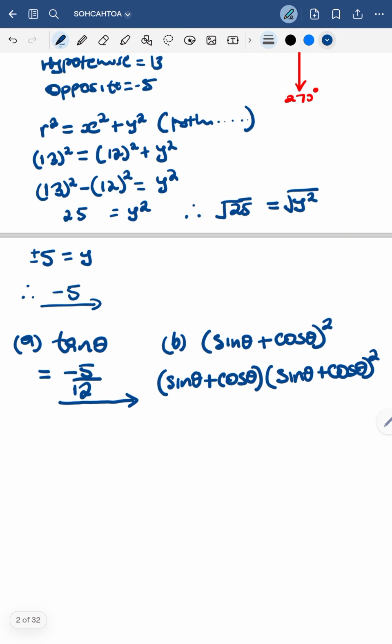Oh, I wrote something wrong here. It means that you must expand so that it can be like this. So if we have 5 plus x all squared, these are two terms. So they need to be expanded like this. Don't change the sign. So that's what it means there.